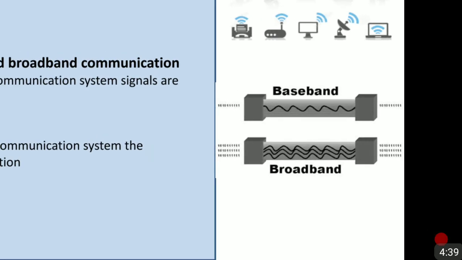You can get a good idea from this picture. The first diagram depicts the baseband: only a certain range of frequencies are allowed through this communication system, whereas in broadband communication system, a wide range of frequencies are allowed, and that is depicted in this picture.